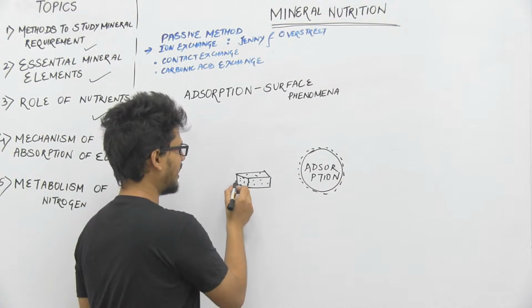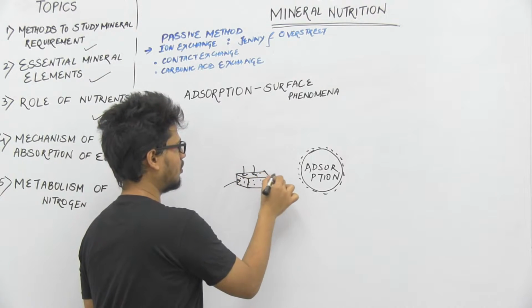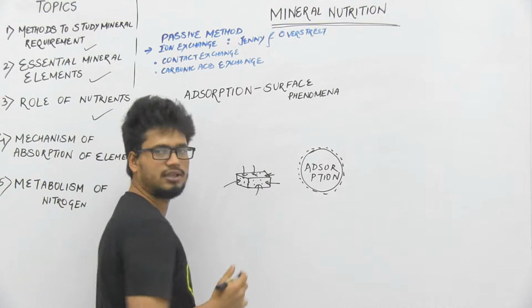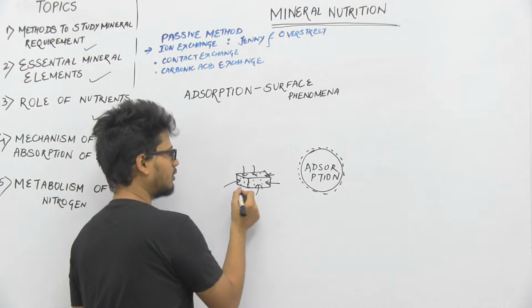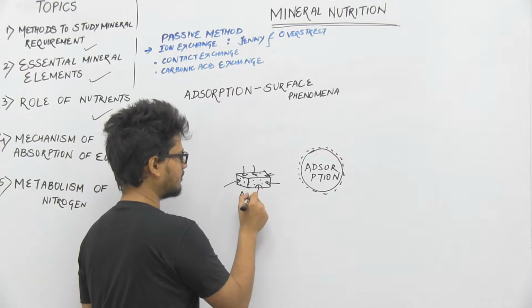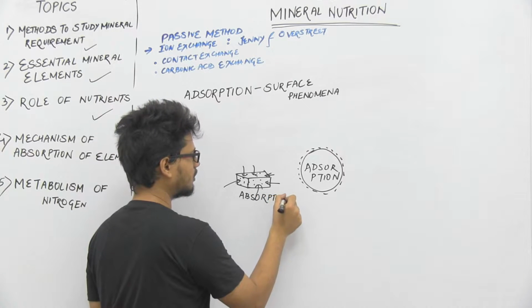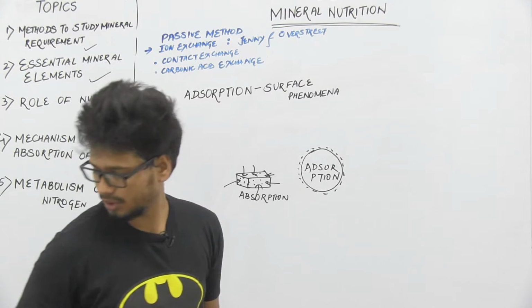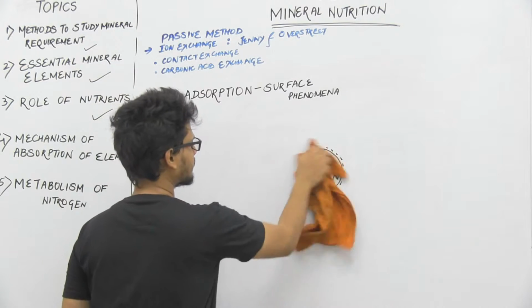So in turn what will happen is it will take in the water from all sides, and this, क्योंकि ये जो phenomena है it's a bulk phenomena, so it is absorption. Okay, so in this case we are talking only about adsorption, not about absorption.